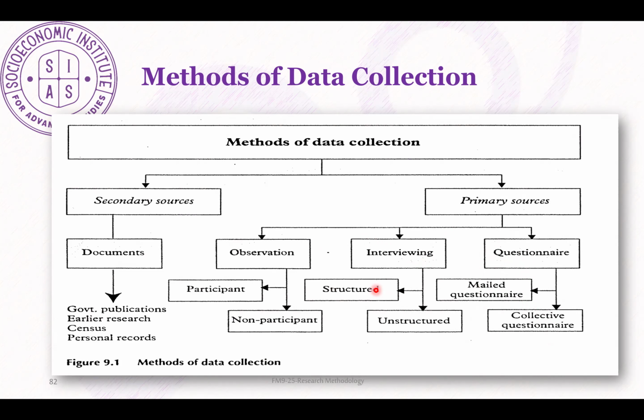Then there is observation, where we are either participating in the research ourselves, living, for example, with the poor, living with the community to see women development, or we are non-participants, meaning we are just collecting the data from outside.